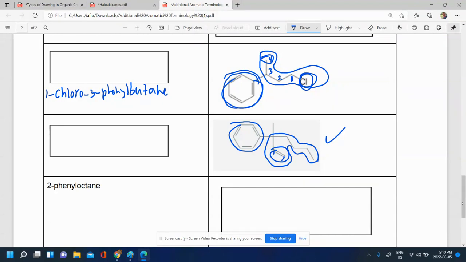So carbon number 1, 2, 3, 4, 5, 6, 7. So that means on carbon number 3, we have a phenyl and a methyl. The methyl would be listed first because of alphabetical order. So 3-methyl, 3-phenyl, and then it's a 7-carbon structure with a double bond on carbon number 1, so heptene.